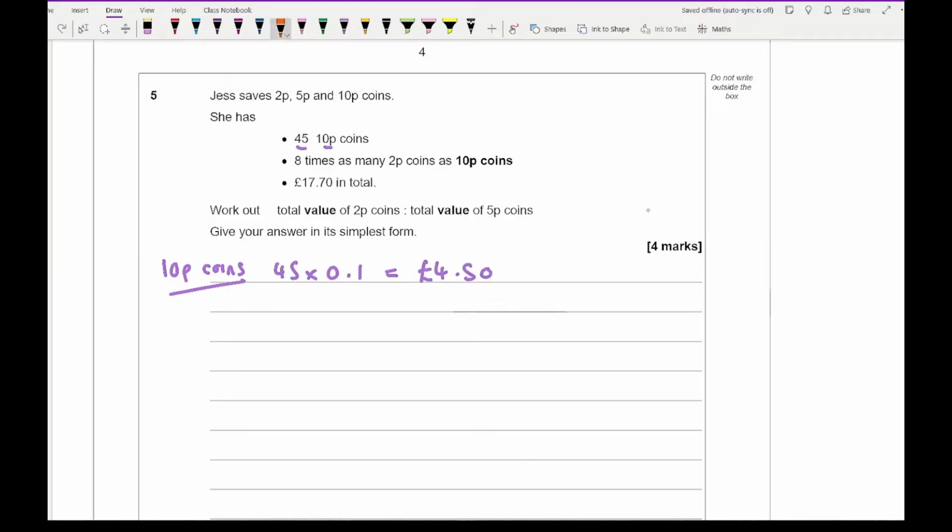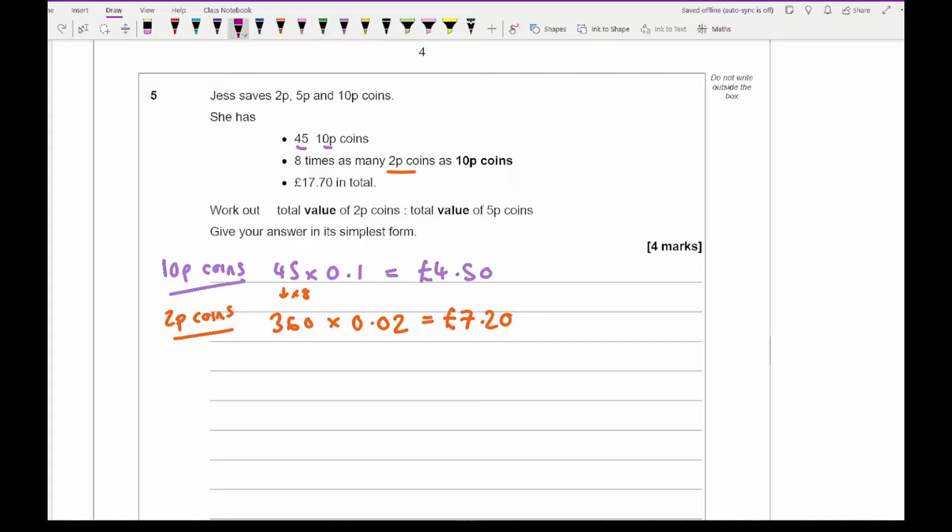Then for the 2p coins, it says that we've got 8 times as many 2p coins as 10p coins. So if we multiply that by 8, let's just quickly do 45 times 8, and that's 360. So that's going to be 360 multiplied by 0.02, and that comes up to £7.20.